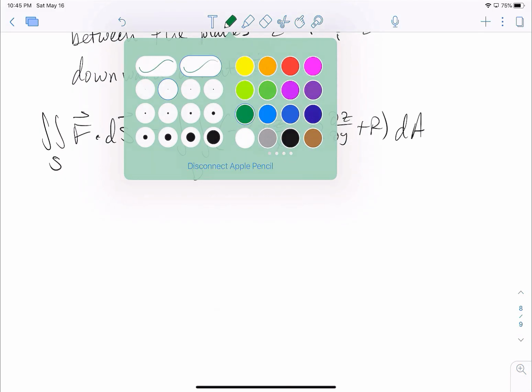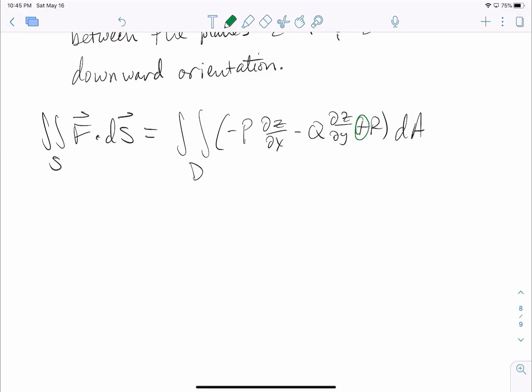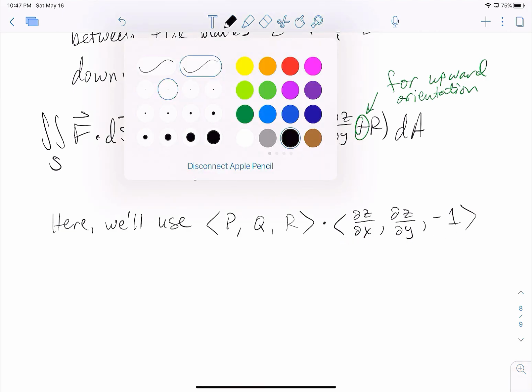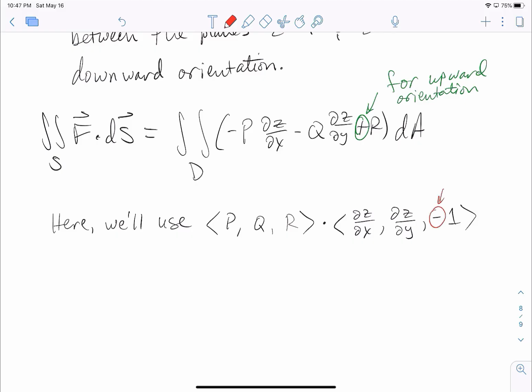That plus would be with a positive k component, true for upward orientation. Here we're going to use P, Q, R dotted with partial of z with respect to x, partial of z with respect to y, negative 1. That negative 1 is the thing that gives us the downward orientation.